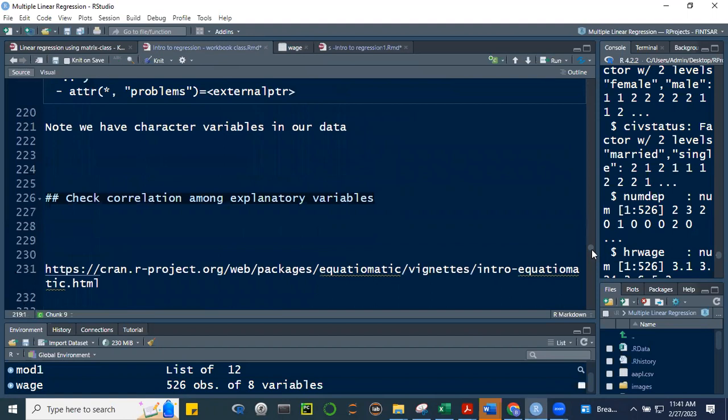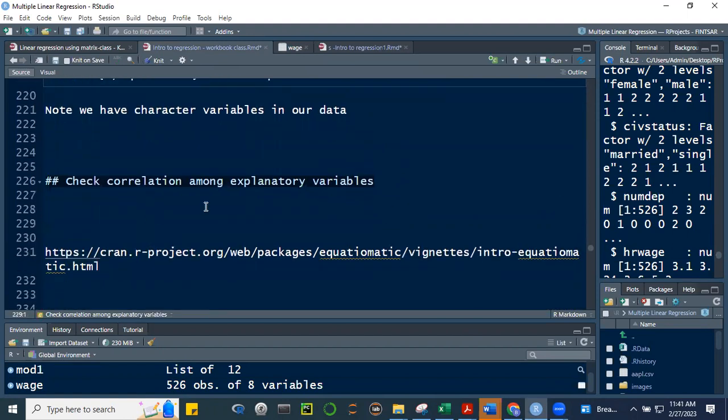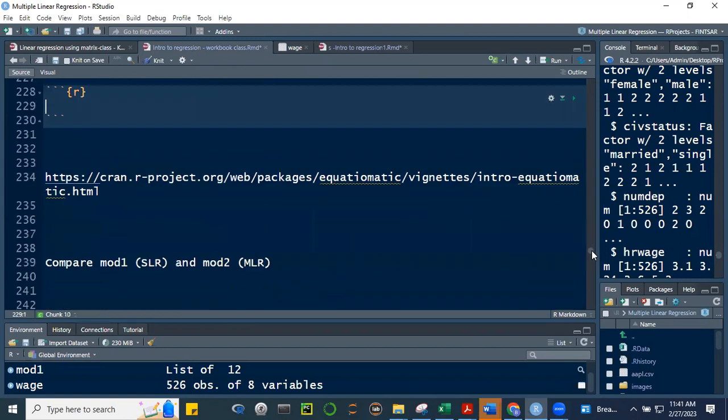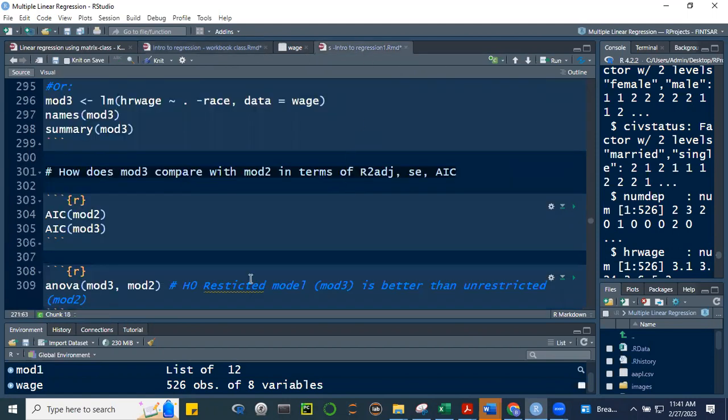Okay, siguro check muna natin yung correlation natin, no? Okay, punta tayo dito, Control-Alt-I. Para mas mabilis tayo, ikokopya ko na lang kasi ginawa ko na to.